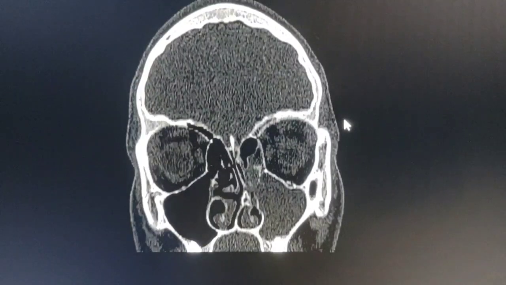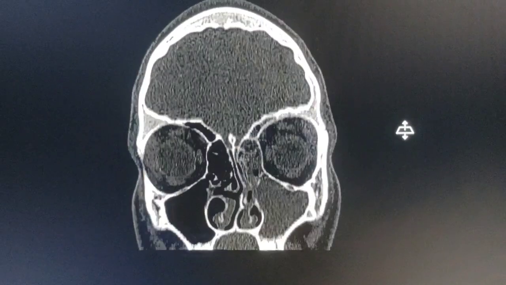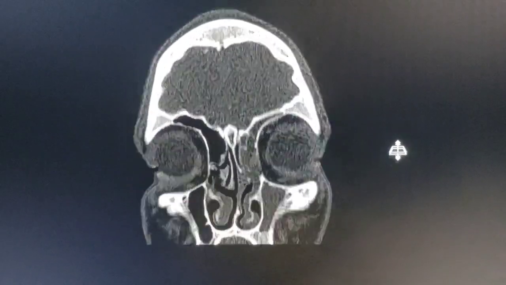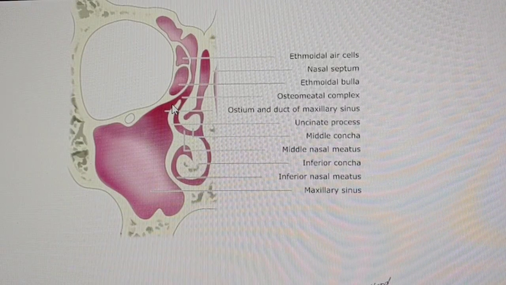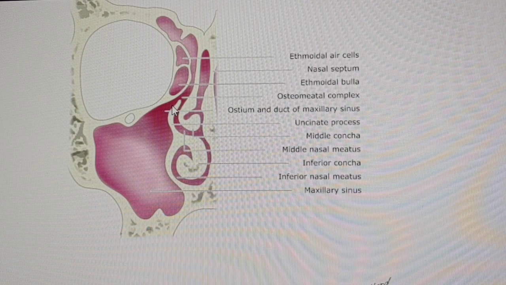In order to understand the mechanism and the pathogenesis of this pathology, first we must understand the anatomy of the paranasal sinuses and the normal drainage of them. In this picture we can see the normal anatomy of the ethmoidal cells, and most importantly we must understand the osteomeatal complex or osteomeatal unit.